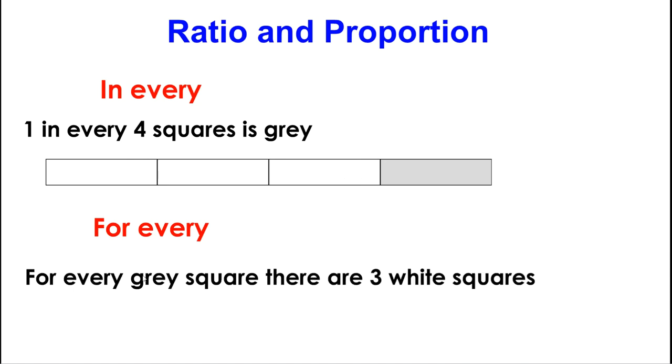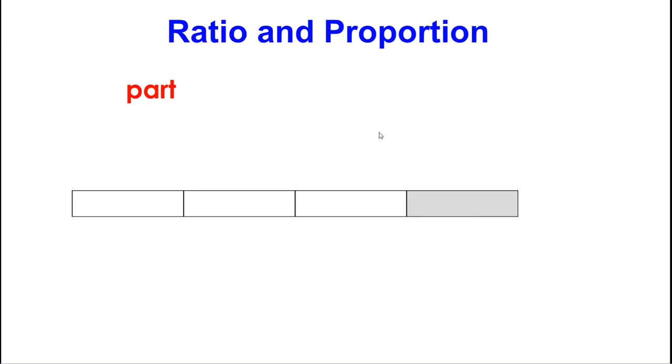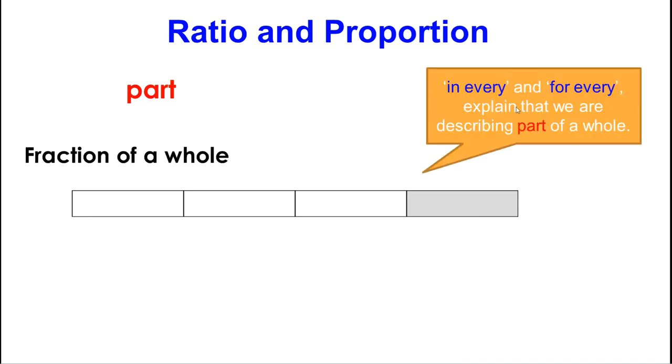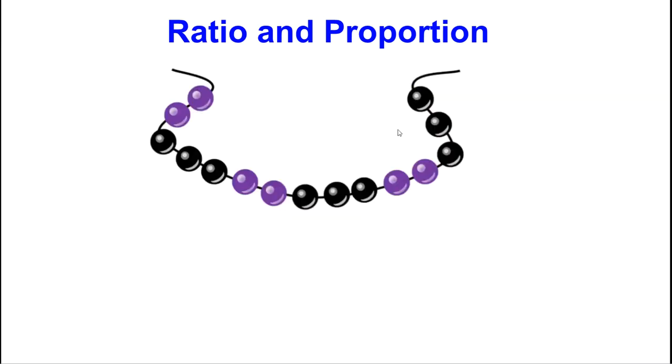Or the other one, for every gray square, there are 3 white squares. Parts is a fraction of a whole. In every and for every explain that we are describing a part of a whole.